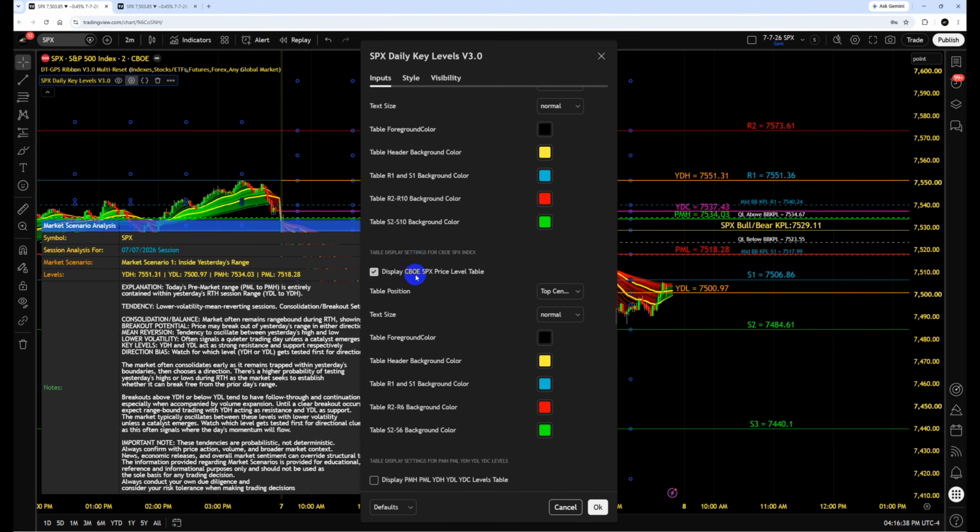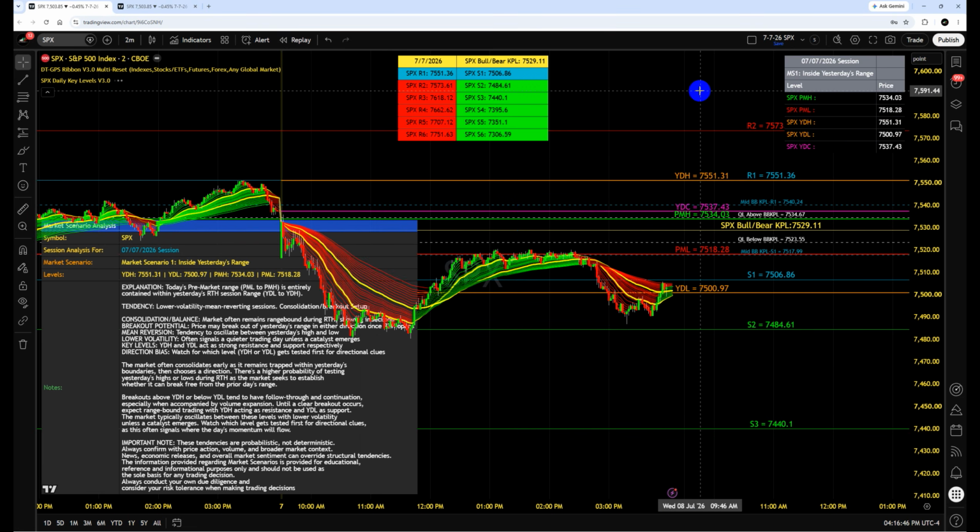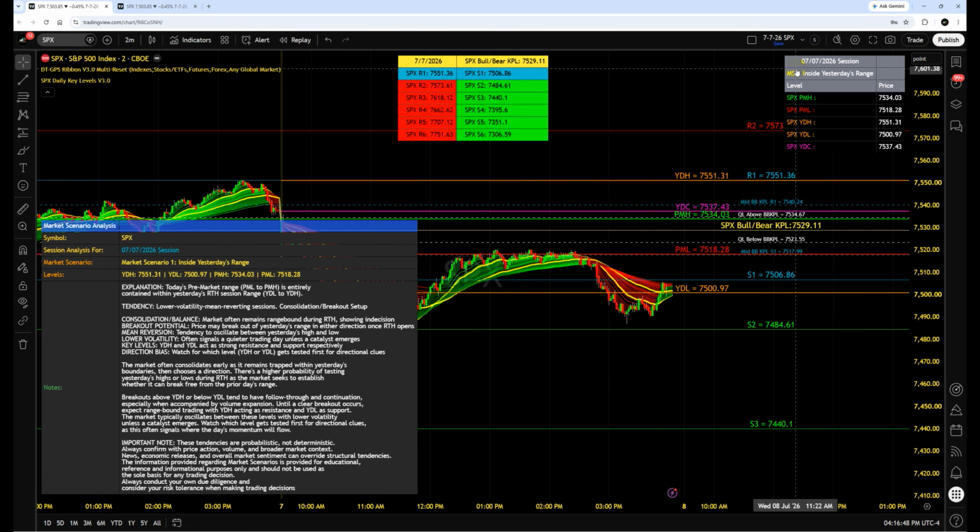But in this case, if you have the tables on, then as you can see here, the contextual levels table will also tell you what market scenario. So you don't necessarily have to have this on after you get used to using it and you know what market scenario 1 means after use and practice.